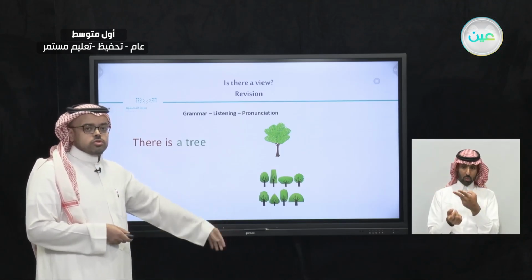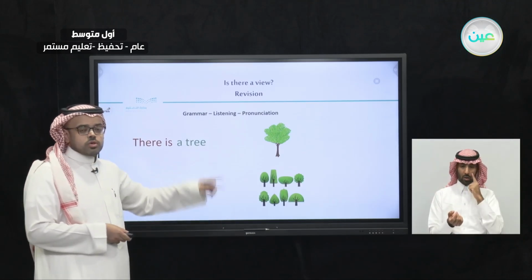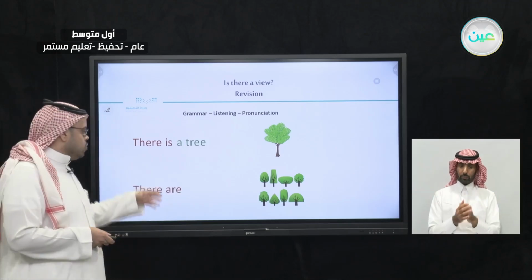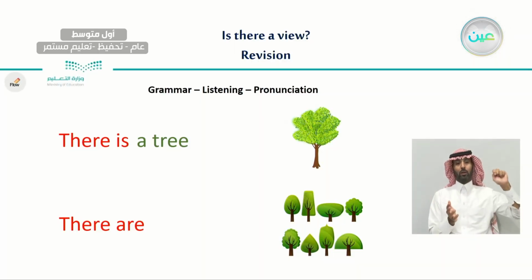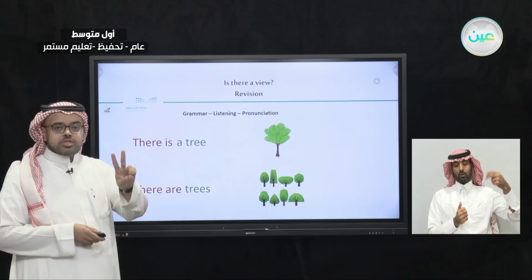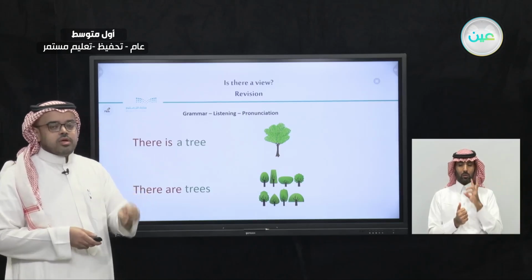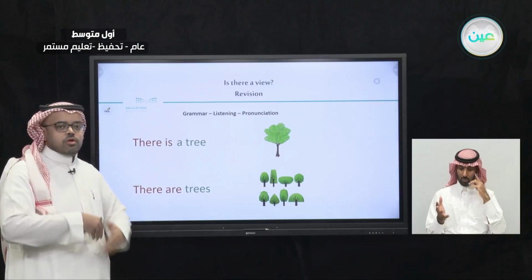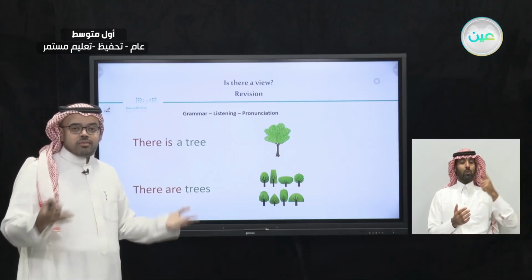Shall I use there is, or another expression, there are? There are trees. So as we learned last time, we use there is for one thing, one object, maybe one person, and we use there are for a group of things, a group of objects.